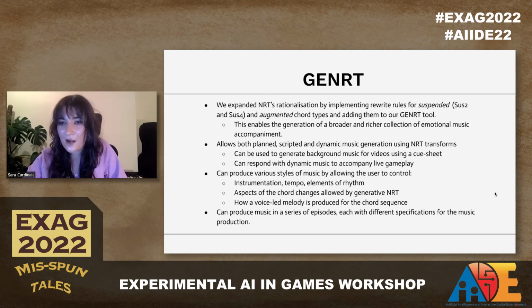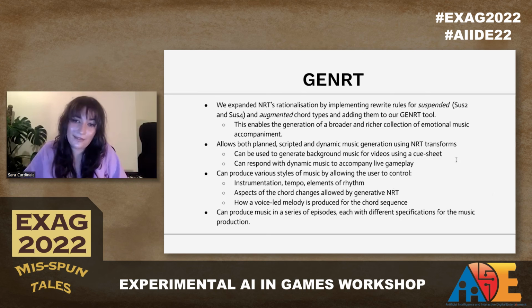Voice leading is the way in which individual voices move from chord to chord. The best voice leading occurs when all individual voices move smoothly and there are no big jumps between notes of the melody. In GenRT, this is achieved using compositional techniques such as jazz guide tones, which are the most harmonically important notes of a chord.